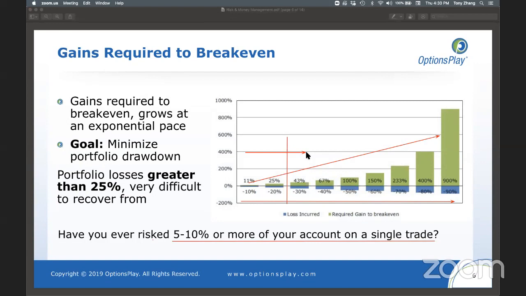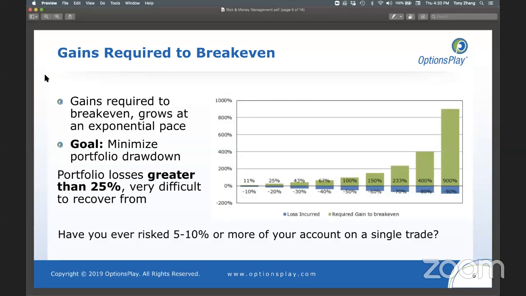So it's really, really important to understand that to avoid having these types of losses, you have to minimize the risk on your account. So I hope that this is fairly straightforward and easy to understand for users as to why it's so important to focus on losses. And the best way to do that is by minimizing the amount that you risk per trade.